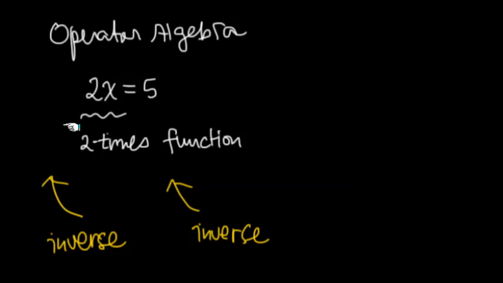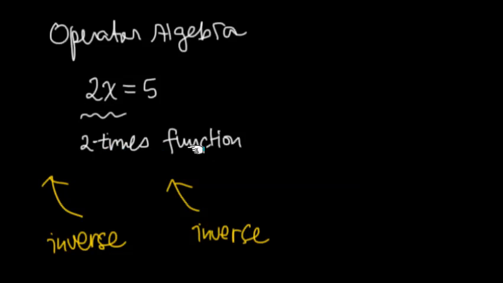If you put all the operations we're doing to the left-hand side and right-hand side together, that whole sequence of operators can be called a single operator, and relative to the "2 times" function it is called the inverse operator. It kind of annihilates this function.